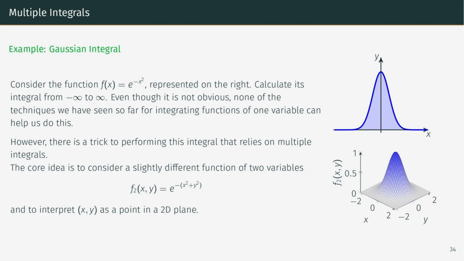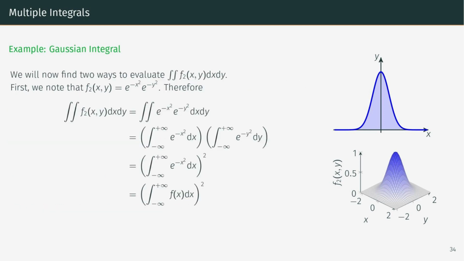The core idea is to consider a slightly different function of two variables. In this case, f2 of x, y is equal to e to the negative x squared plus y squared. And we're going to interpret x, y as a point in a 2D plane. We will now find two ways to evaluate the double integral of f2 of x, y dx dy.